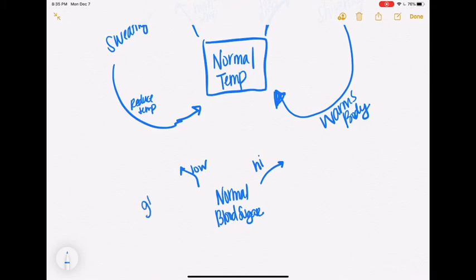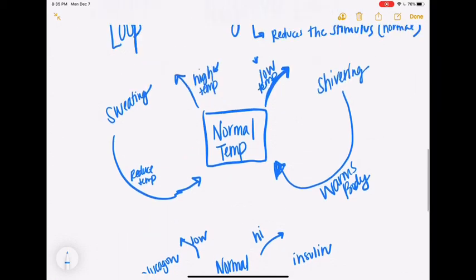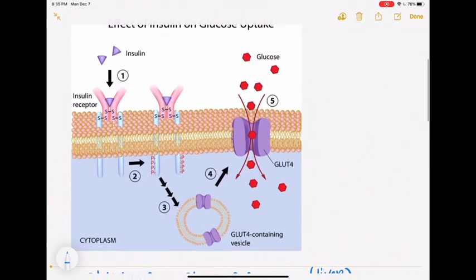One of them is going to involve glucagon. One of them is going to involve insulin, all right? Both of them should have the liver in them, okay? You'll also need to talk about like transporters. You're going to kind of have to walk through this diagram as I did a moment ago, okay?